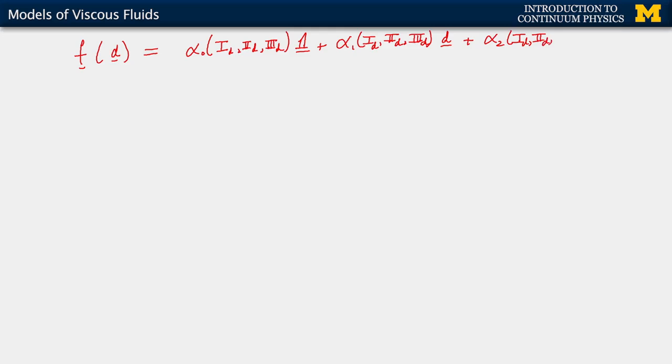Okay, so I said that f of d, in order for it to satisfy objectivity, must have the form alpha naught, which can depend upon the principal invariants of d, plus alpha 1, also depending upon the principal invariants, times d, plus alpha 2, and so on. Okay, that's a polynomial expansion.